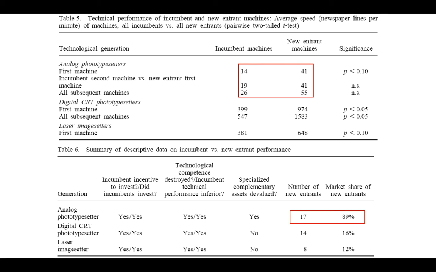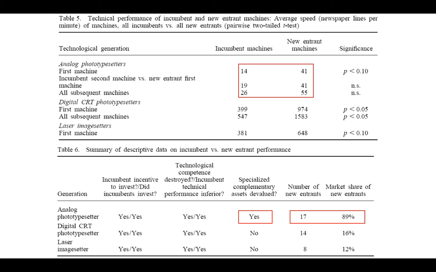However, the number of new entrants in this first shift is 17, and they gain 89% of the market. So they virtually wipe out the established companies. The reason for that is that the specialized complementary assets were devalued, which is the sales and services network has lost its value in this transition.